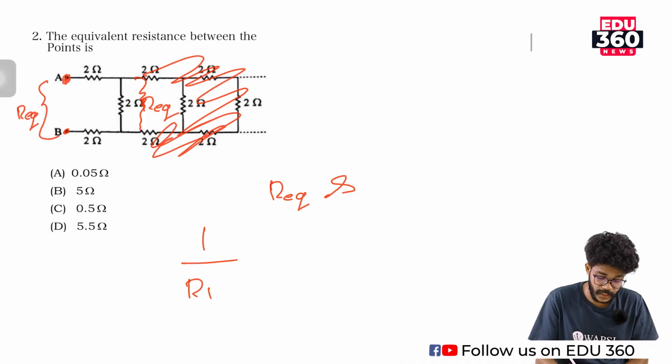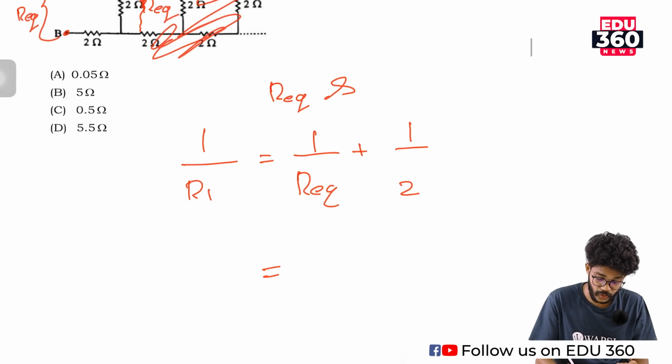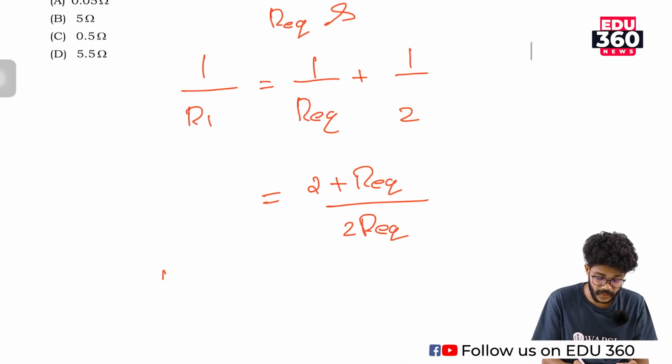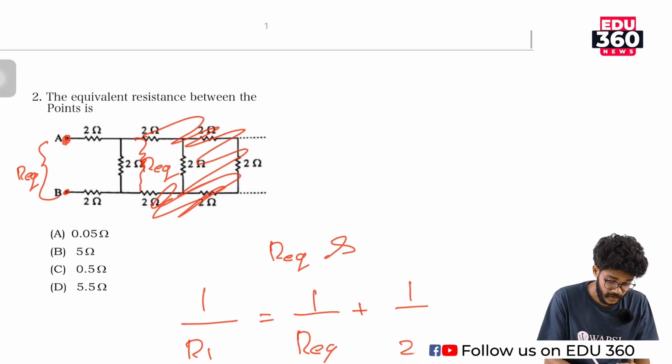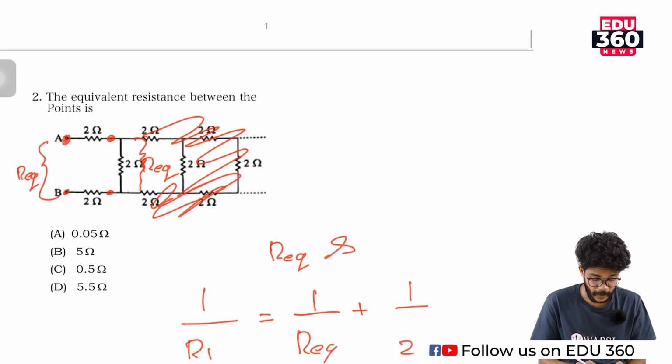1 by R1 is equal to 1 by R equivalent plus 1 by 2, that is equal to (2 plus R equivalent) by 2 R equivalent. That means R1 equals 2 R equivalent by (2 plus R equivalent). R1 is the effective resistance between these 2 points, and 2 ohm, R1, 2 ohm are in series.